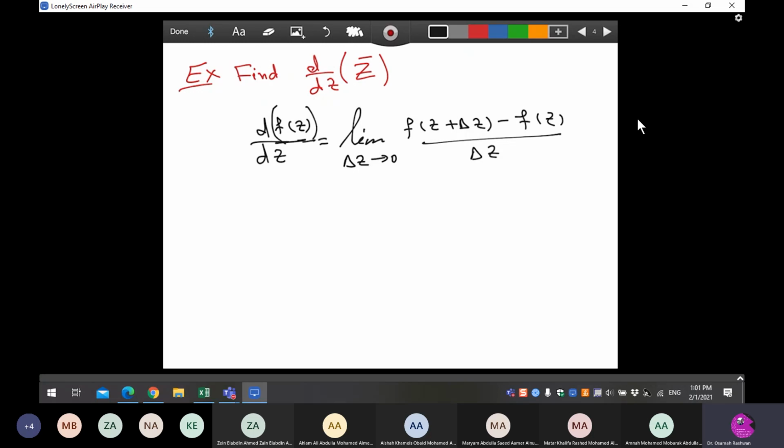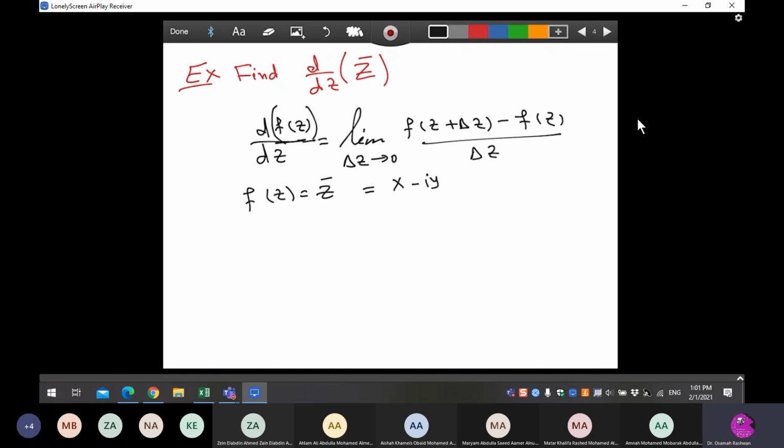Okay, let's do this one. What's your f of z? It is z bar. What is z bar? It is x minus iy.